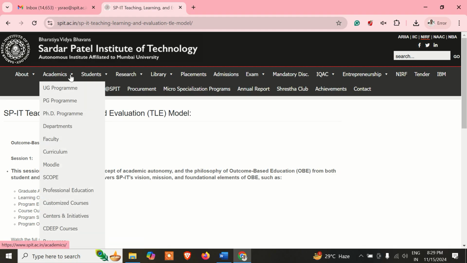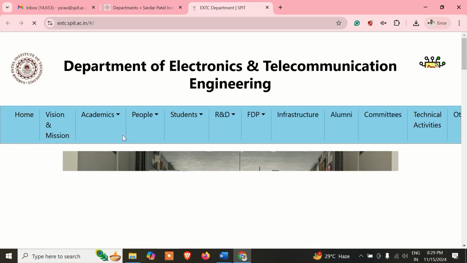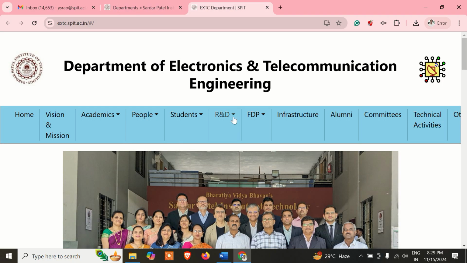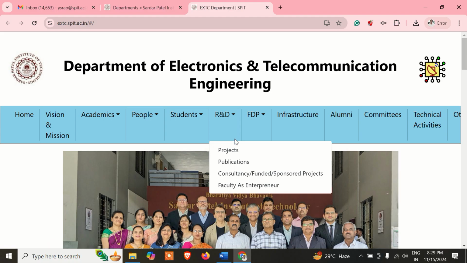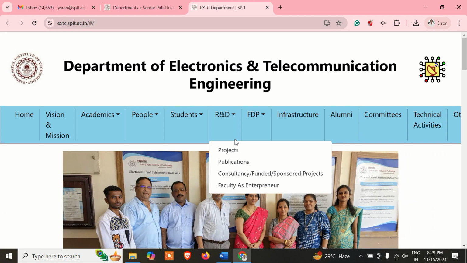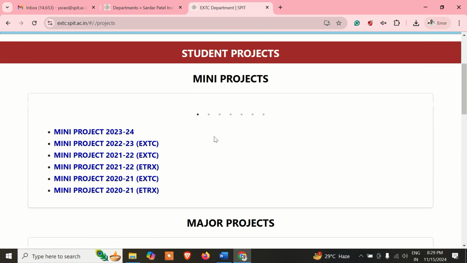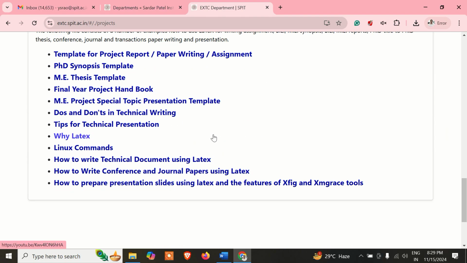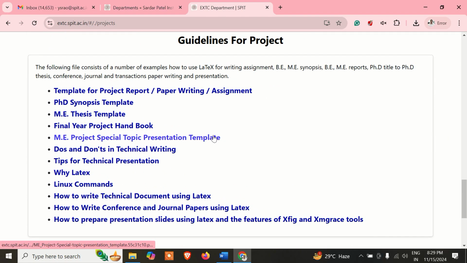Under academics, if you see the departments, in the telecommunication department, under R&D, you can find the kind of projects which are implemented. At the end, you will find the guidelines in general for every engineering student, UG, PG, PhD. What are the guidelines to be followed?